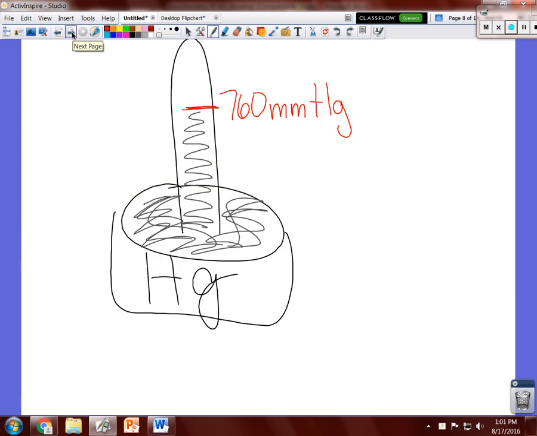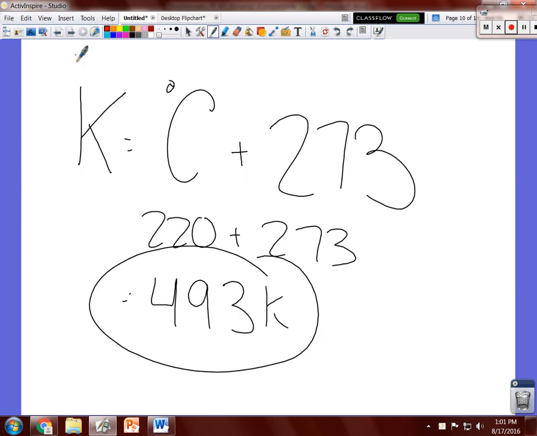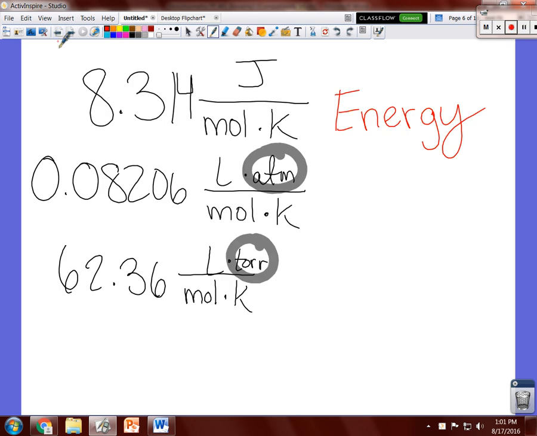We've got 2 R's left. Do you see mmHg anywhere? Bingo. That's where your brain has to make the connection. That torr and mmHg are what? The exact same.